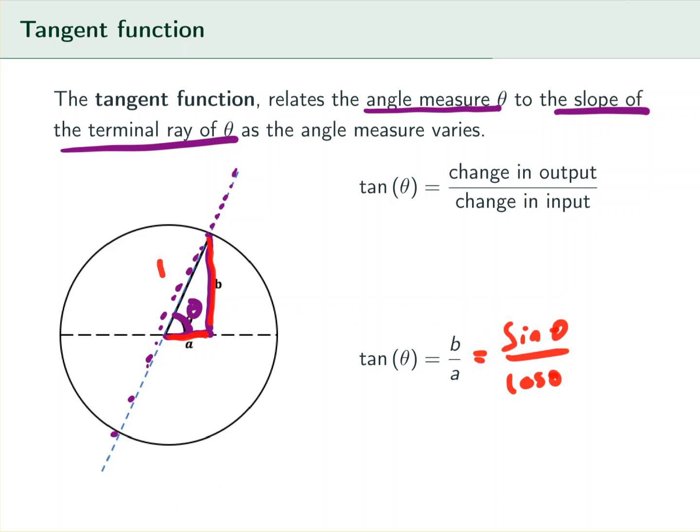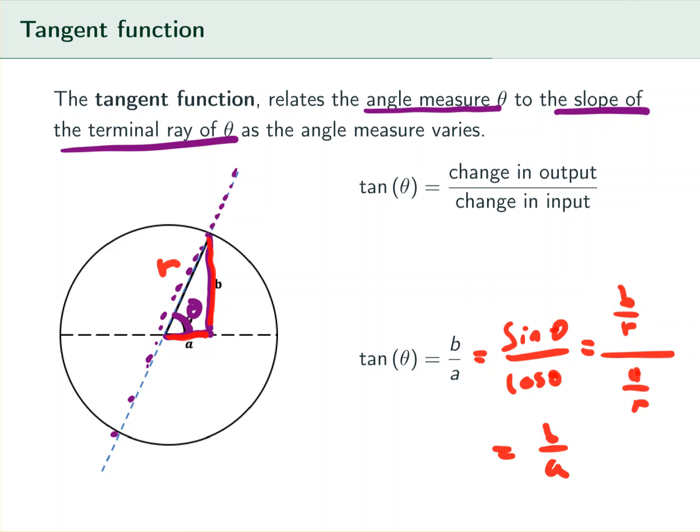Because if this is r, we know that sine is actually b over r, and cosine is a over r, which does simplify to b over a. So algebraically, yeah, we can see that they're the same thing.